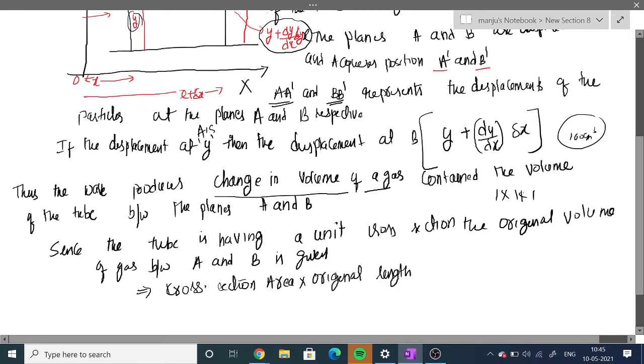The cross section area is 1, and the original length is x plus delta x minus x. The x and minus x cancel, so it is delta x. So the volume of gas contained between A and B is delta x.